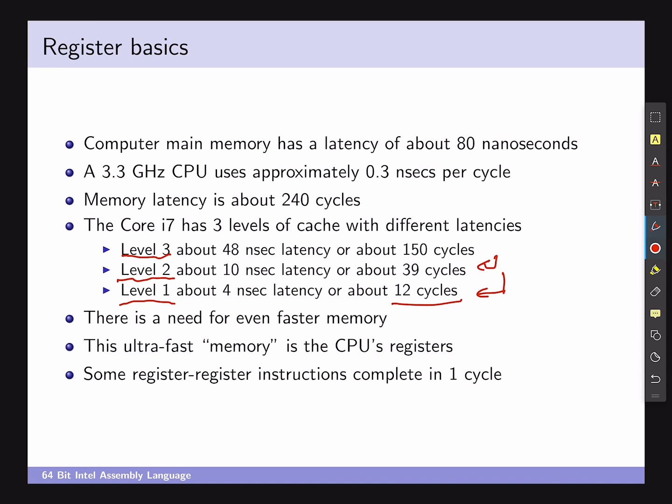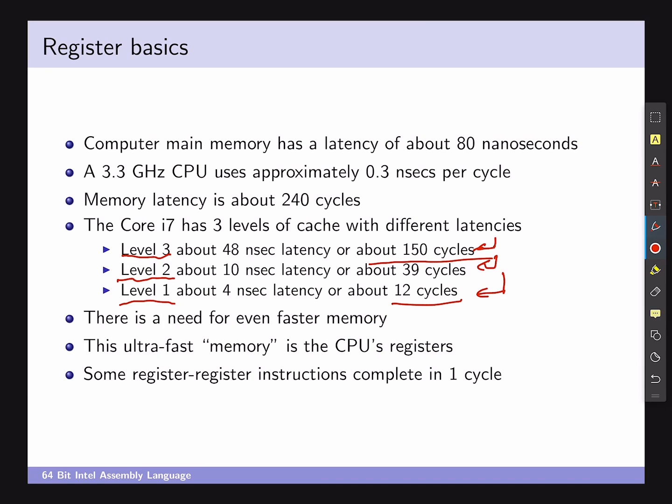Again, worse, but definitely not quite at memory latency speeds. Lastly, if we don't find something in level 2, our last cache option is level 3, and here the latency results in us taking about 150 cycles to get the data. So not that much better than main memory, but it is sufficiently better to warrant the actual use in your system.